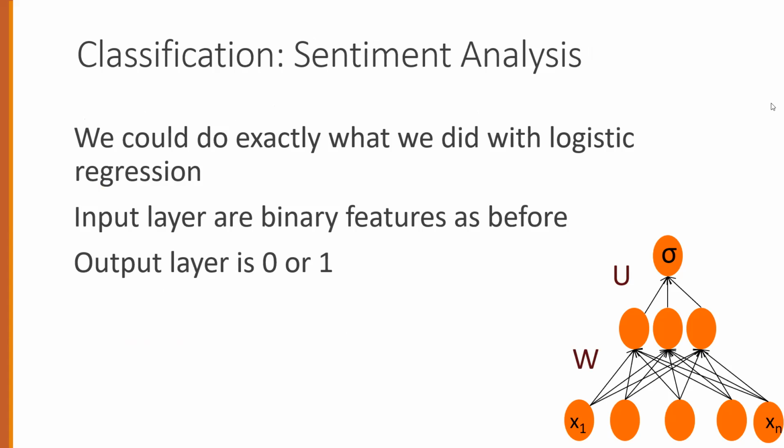So in sentiment analysis, we could do the exact same thing using logistic regression. The input layers are binary features as before, and the output layer is either 0 or 1, that is positive or negative.